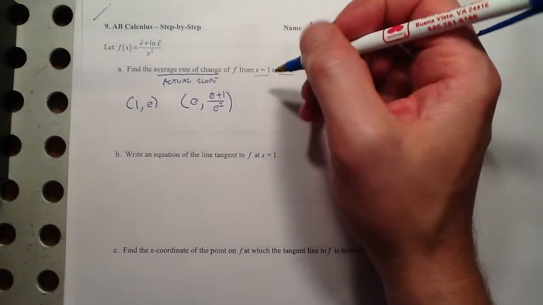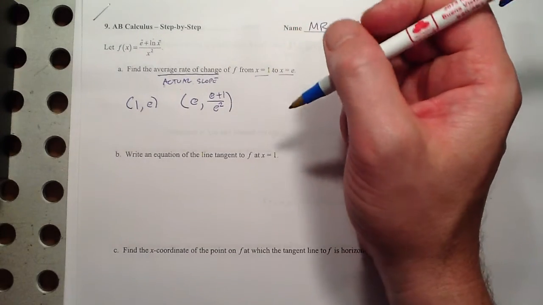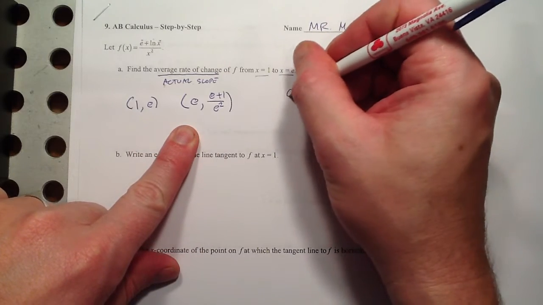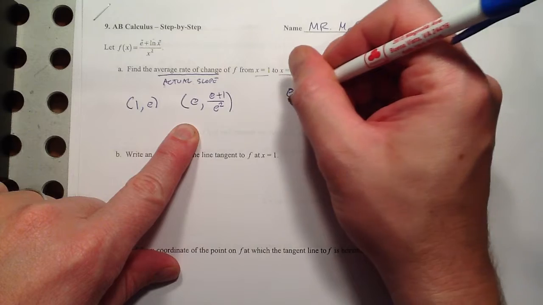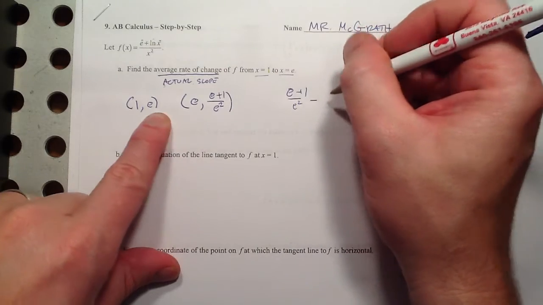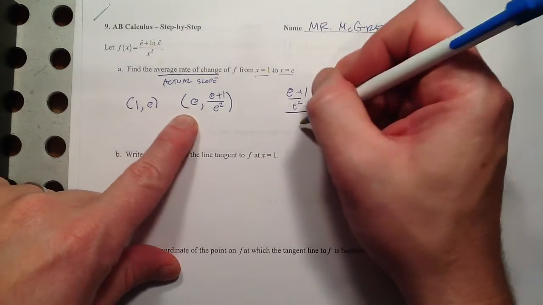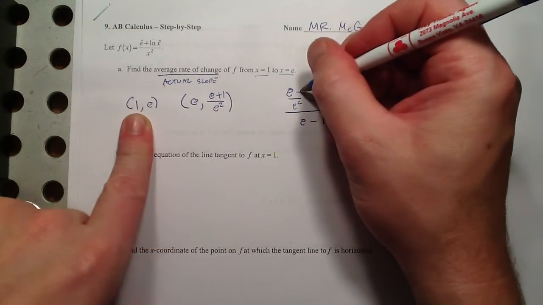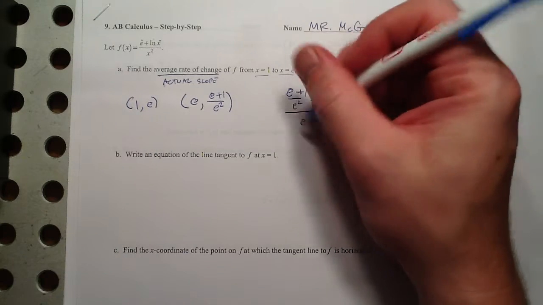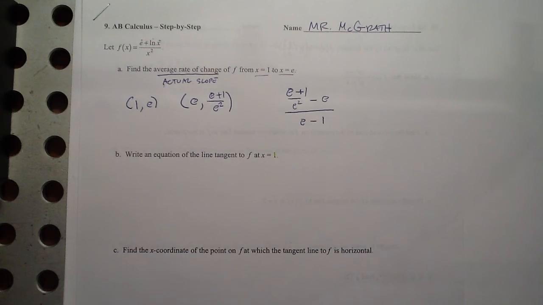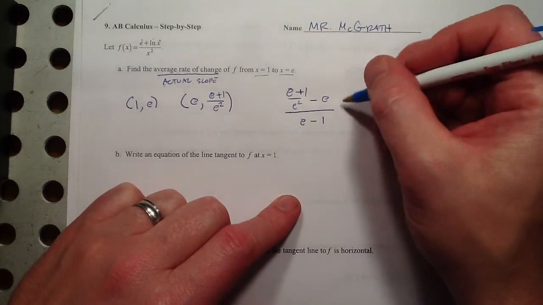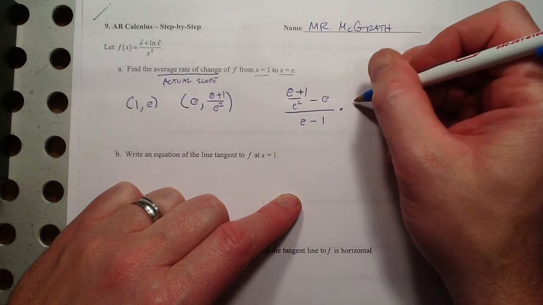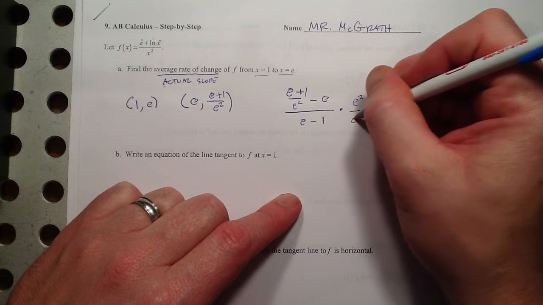Okay, and now we just find slope. It looks like it'll be a little bit messy, but I can handle that. So that's y minus y over x minus x. Now, I don't know about you, but that offends my sensibility of what counts as simplified. So I'm going to simplify that by first getting rid of that denominator and multiplying the top and the bottom by e squared.